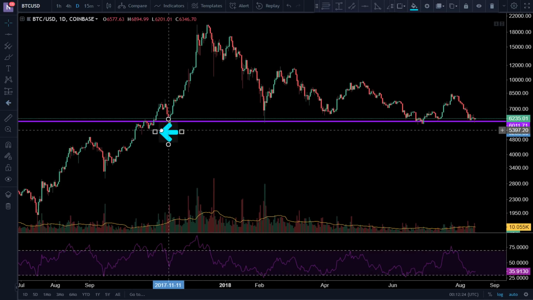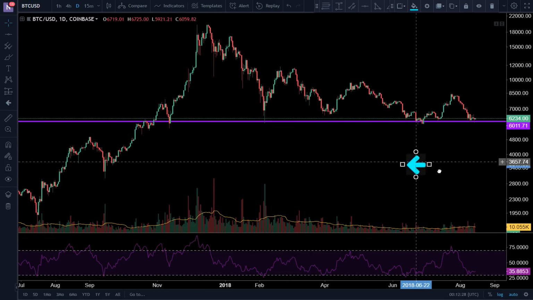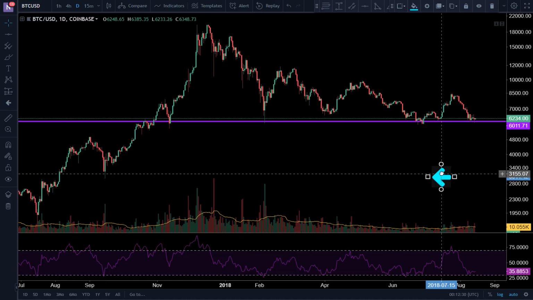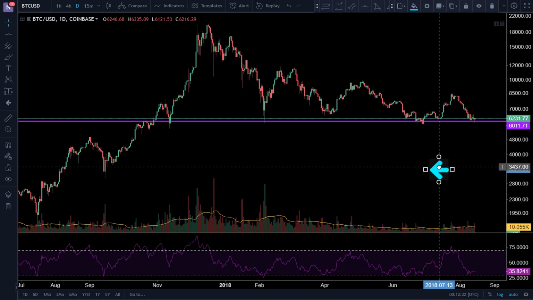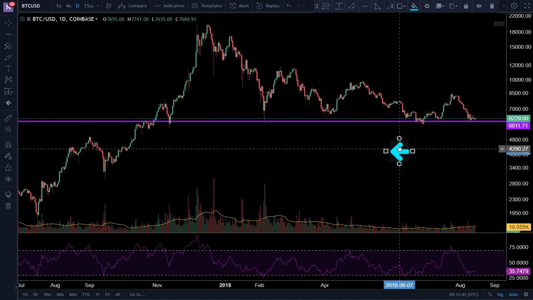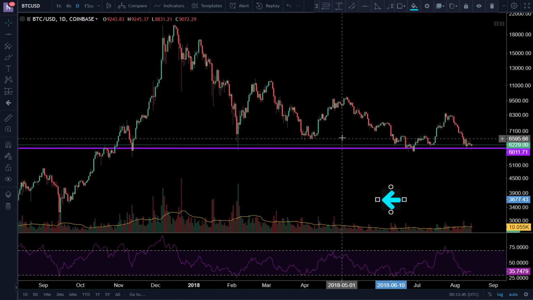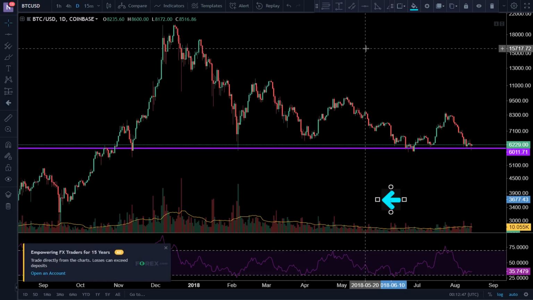I'm watching these pivot lows to scale into a long. I'm expecting a 4,900 to 5,500 bounce in that area, and I'd probably size in pretty heavy on that. If we break the 5,000, guys, we're going down. The next support really is into, what, 3,000. It's kind of hard to tell, but let's just watch it and see what happens.